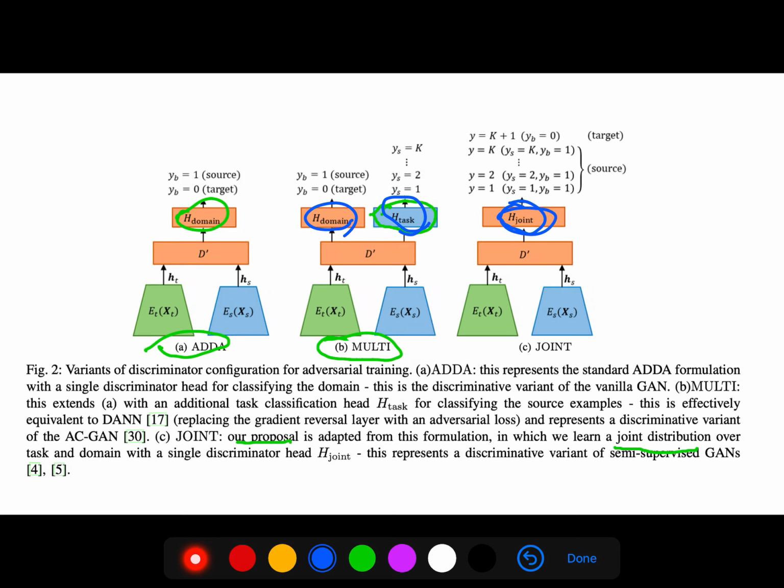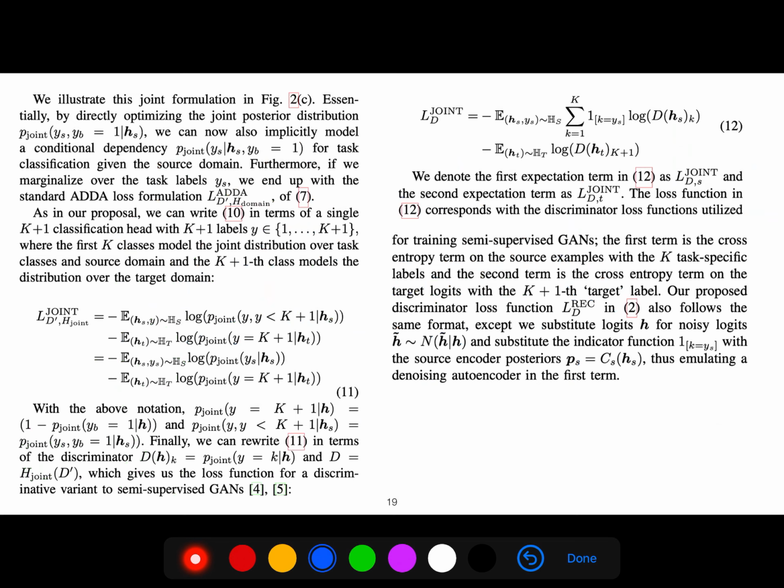That's why it's more interesting, because you can combine it. For example, y equal to 1, 2, same as this one, but you say which one is source and which one is target. As I said, we have a vector: the last one, which corresponds to k plus 1, is for the target, and the rest of them are for the source. That's the major contribution of this paper.